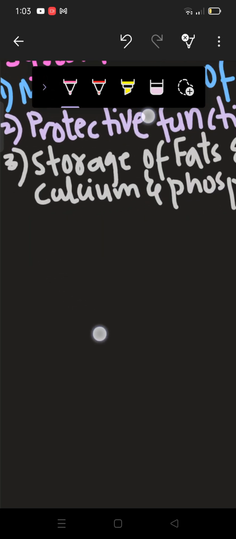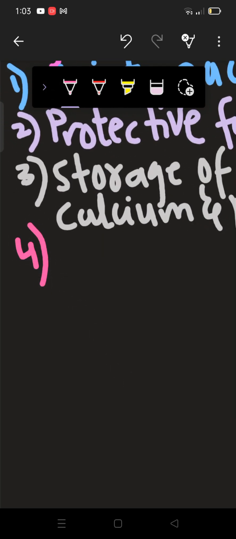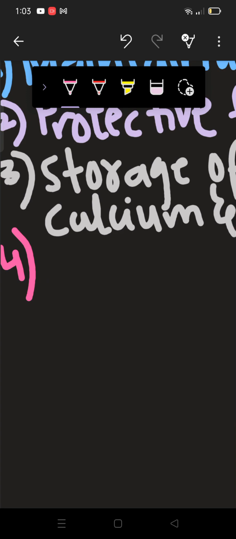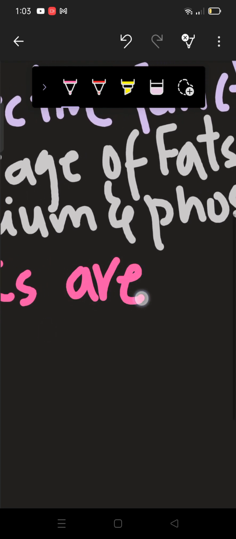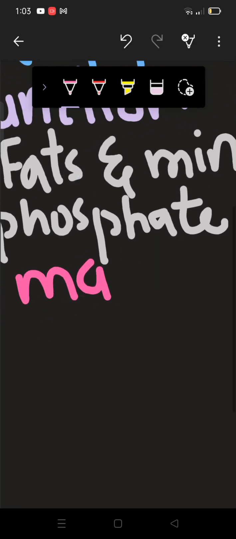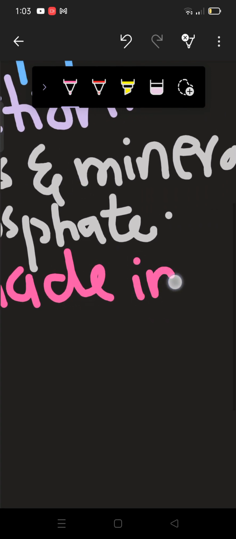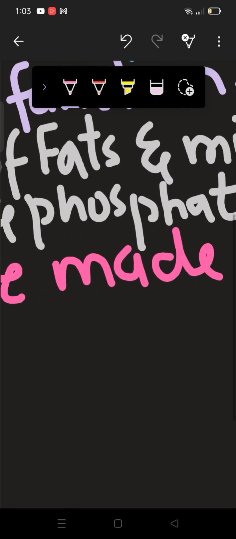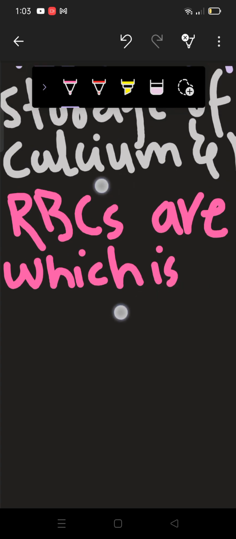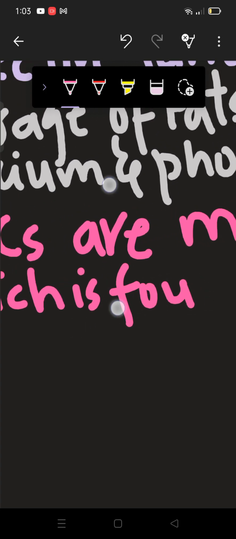So I should write this: RBCs are made in red bone marrow, which is found in the skeletal system, found in bone.